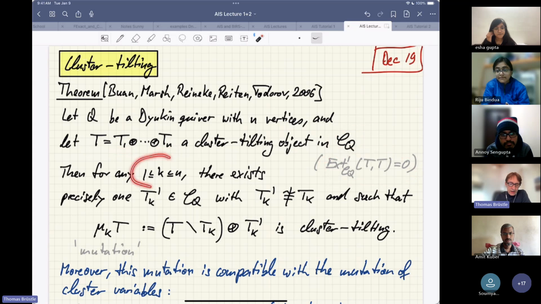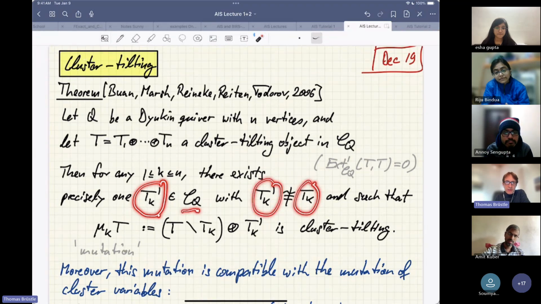And then for any index k that you choose between 1 and n, there exists precisely one object Tk prime in the cluster category, such that this object is non-isomorphic to the Tk, which was already sitting here. That means I can replace it.